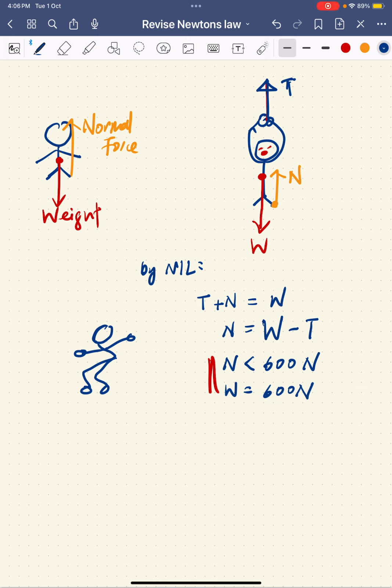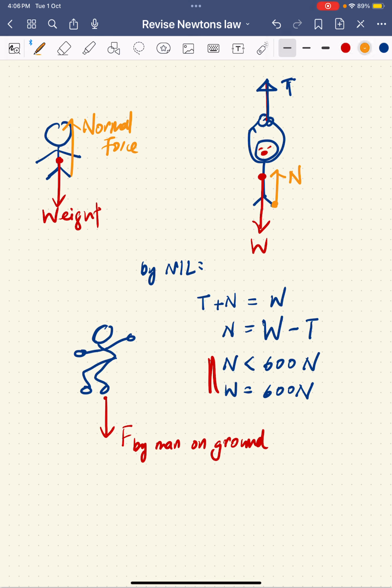When you're trying to jump, you will be using your leg muscle to exert a force, pushing. But if you think about it, you are actually pushing on the ground. So the force by the man on the ground is you pushing harder onto the ground.